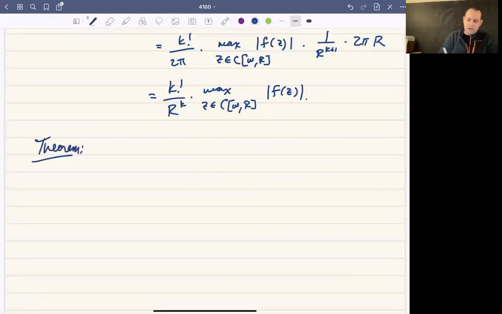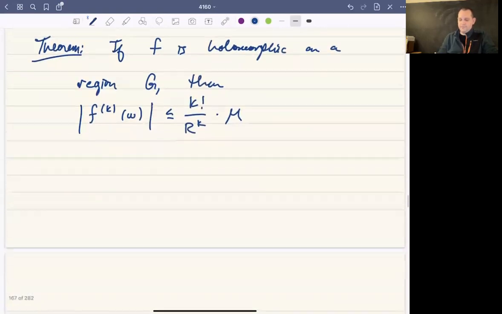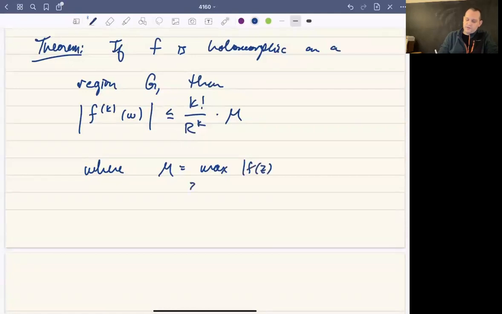Okay, so if f is holomorphic on a region G, then it turns out that the modulus of the kth derivative of f at whatever point w is going to be less than or equal to k factorial over r to the k times M, where M is the maximum value that the modulus of the function takes over this circle.